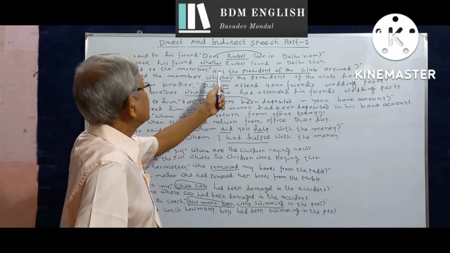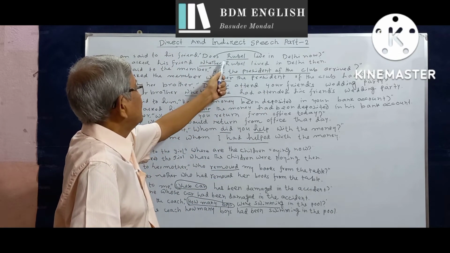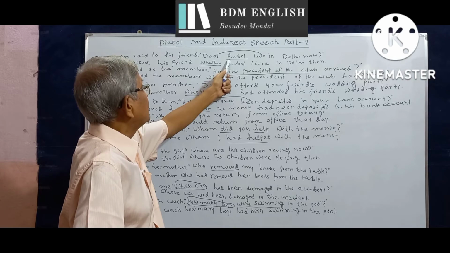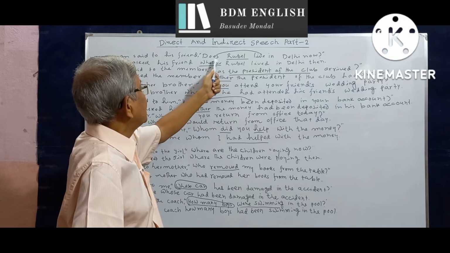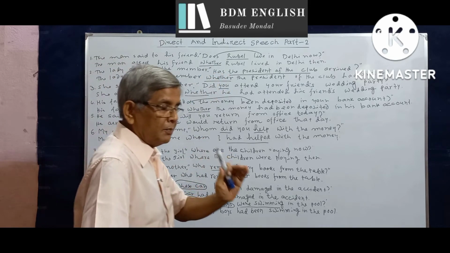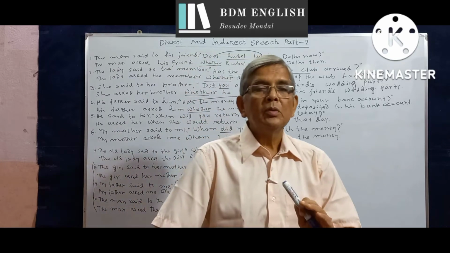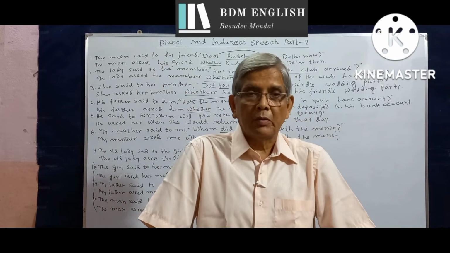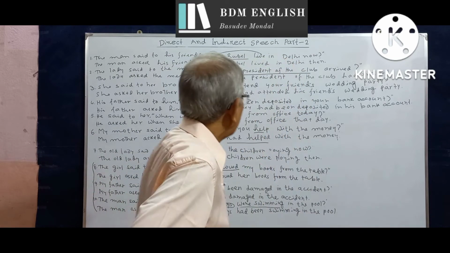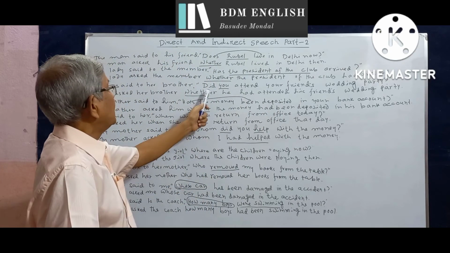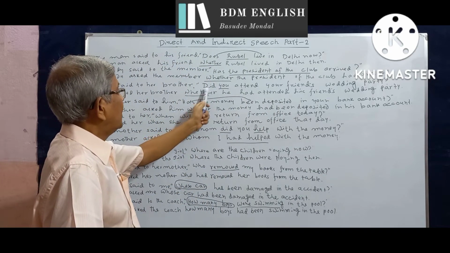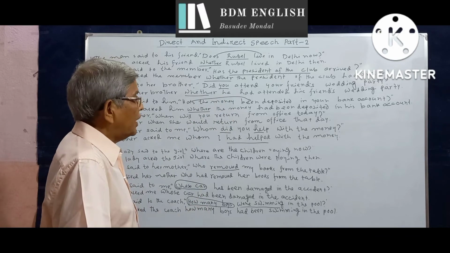And so when we make an interrogative sentence, in this tense, present simple tense active voice, we need the help of the helping verb do, or its third person singular number form does. And in the past tense, we need the help of did and the base form of the verb.